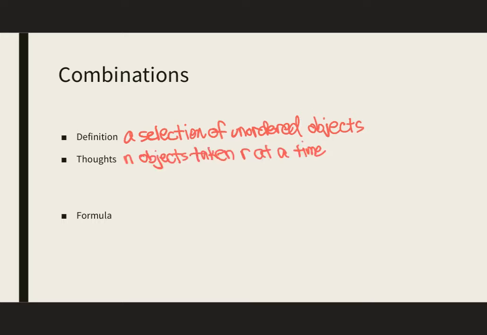I presented the number of objects first, and then I told you how many I'm choosing, R. We could also make this a little bit more succinct and just say N choose R. I have N objects, and I'm choosing R of them.